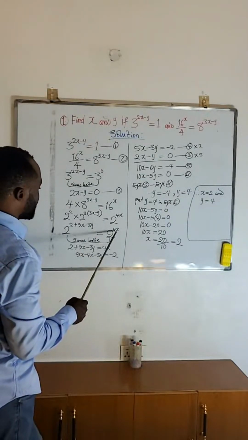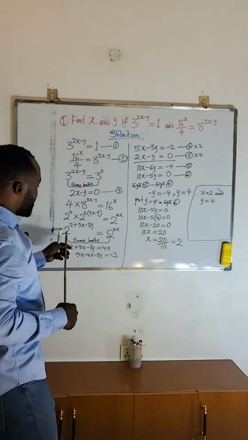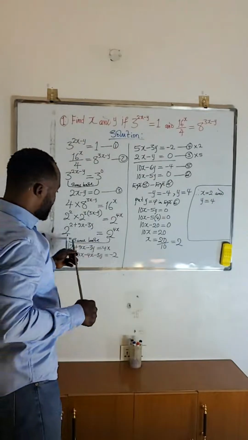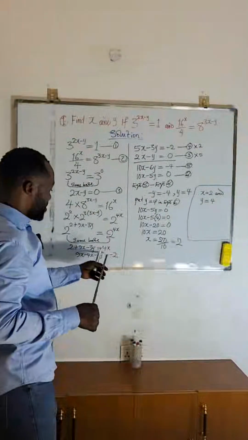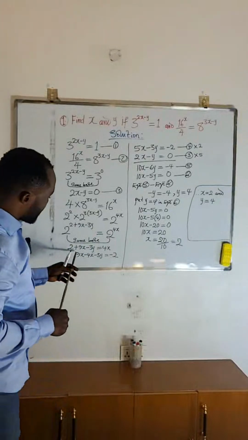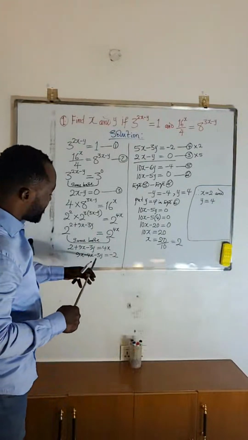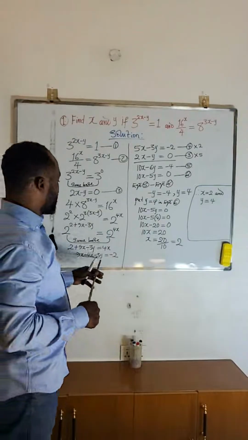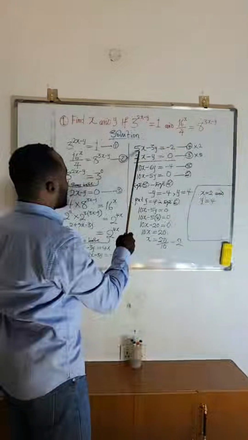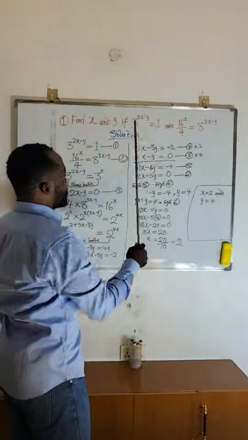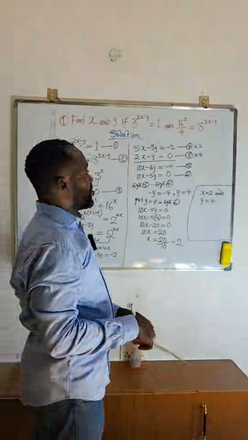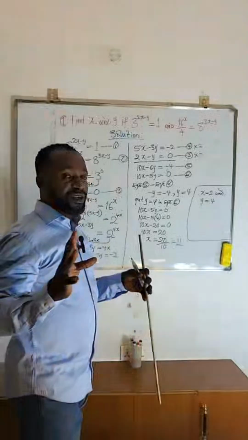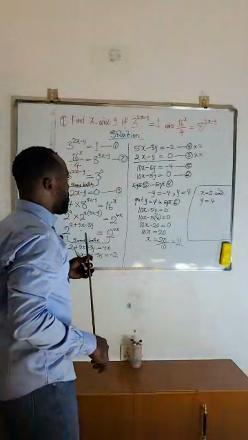Same to this side. Now we can have the same base, and then we equate their powers. After equating their powers, we simplify by collecting like terms, and doing that, we are at 5x minus 3y equals to minus 2. We now label that equation as equation 4.